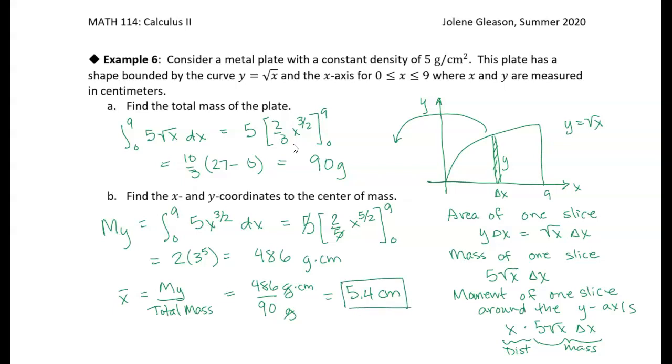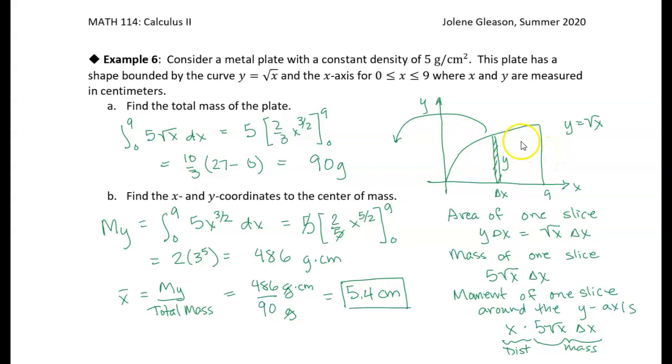Now, it's always a good idea to think, okay, does that make sense? If you look at the plate, it's going to be heavier toward this wider end, this end toward the 9. It gets thick, it gets wider or taller, I guess. The y-coordinate gets bigger as x gets bigger, right? So it makes sense.